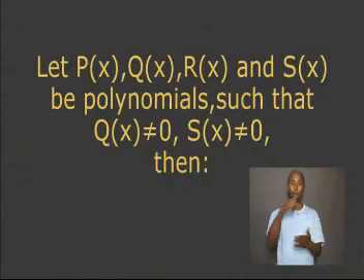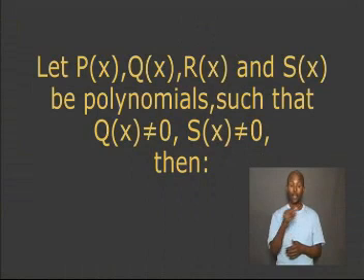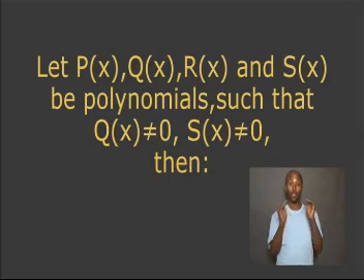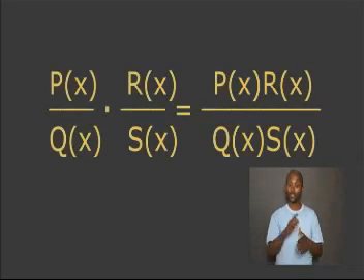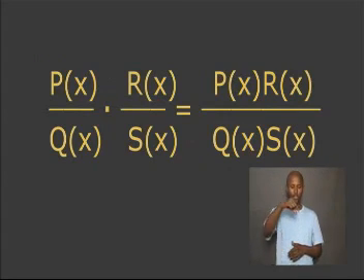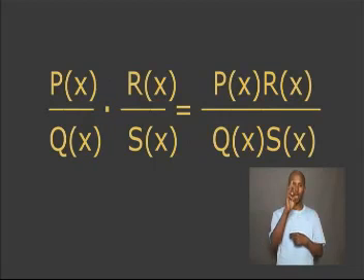Let P of x, Q of x, R of x, and S of x be polynomials such that Q of x and S of x do not equal 0. Then P of x over Q of x times R of x over S of x equals the product of P of x and R of x over the product of Q of x and S of x.